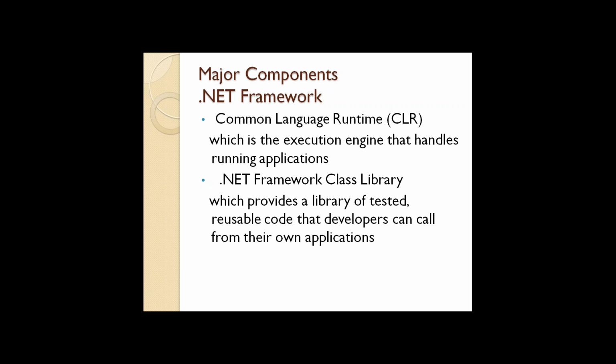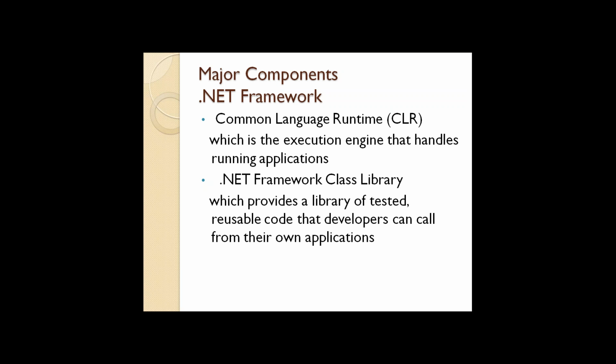The base class library contains namespaces, classes, methods, events, delegates, and properties, a lot of things. So we can call those events, classes, methods, and namespaces in our own application. Why? Because I am developing an application using .NET Framework, which has one class library, and I can use that class library in my own application.